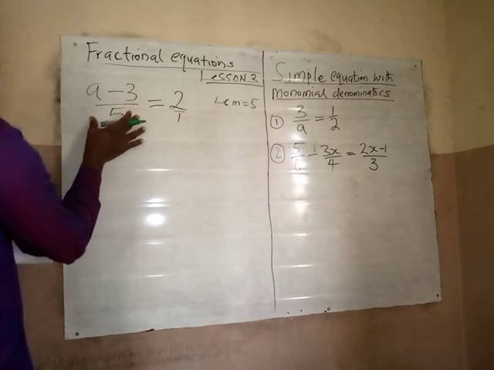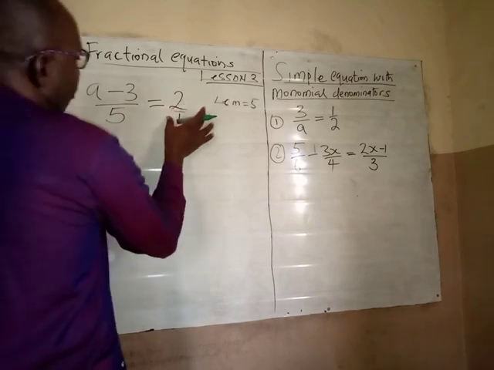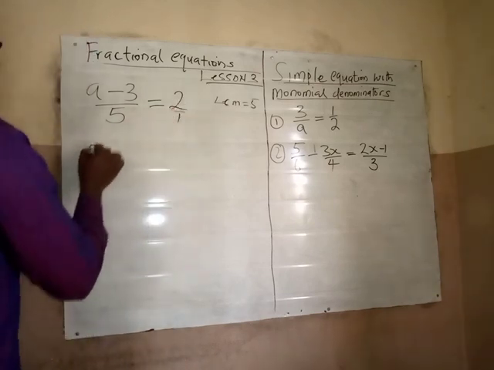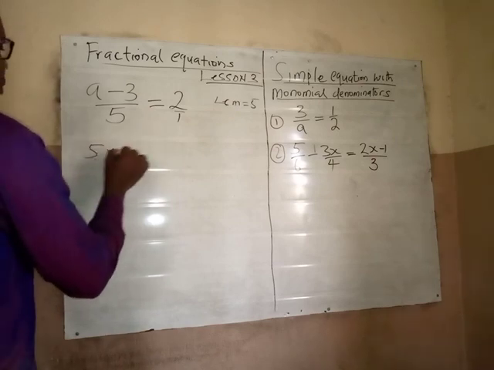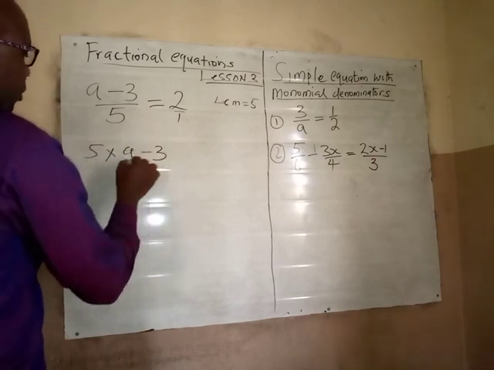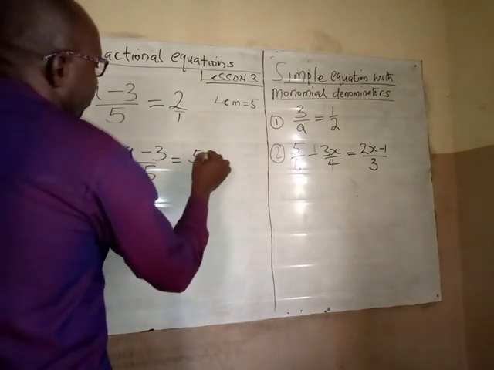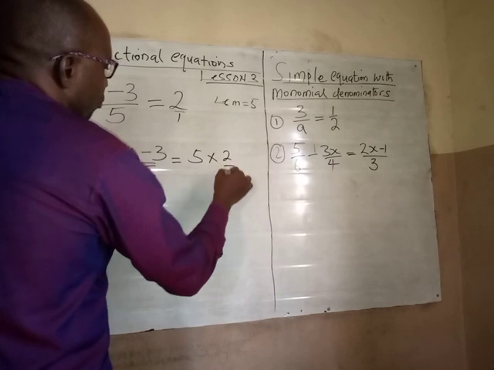Multiply this fraction by the LCM, and multiply the other one by the LCM. So 5 times a minus 3 over 5 equals 5 times 2 over 1.